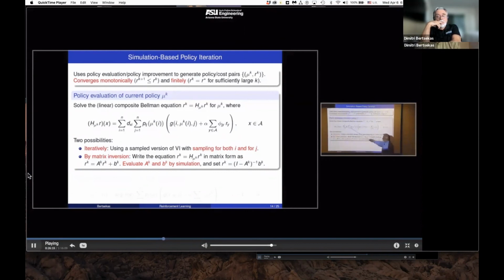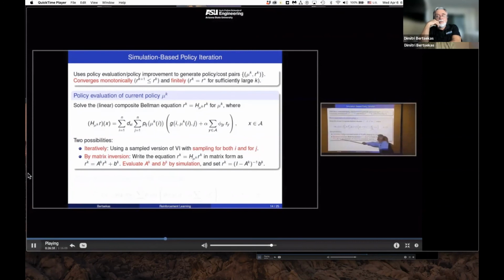So now these are expected values that I can compute by Monte Carlo simulation. In other words, for every x, I can compute this thing here by Monte Carlo simulation. I get one entry, then a second entry. All the entries of bk can be computed separately and in parallel by Monte Carlo simulation.